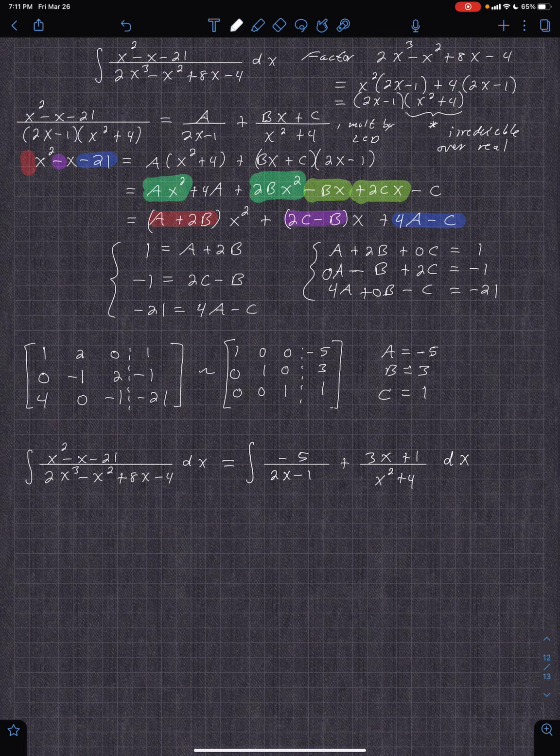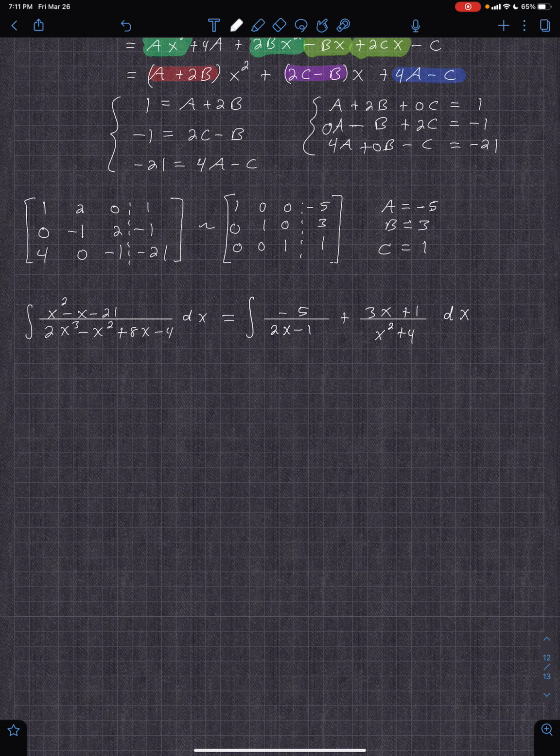All right, so then what you would do is continue to simplify this. You would say this is negative, let's do -5, make it even better. So -5 times the integral of 1 over 2x minus 1 dx.